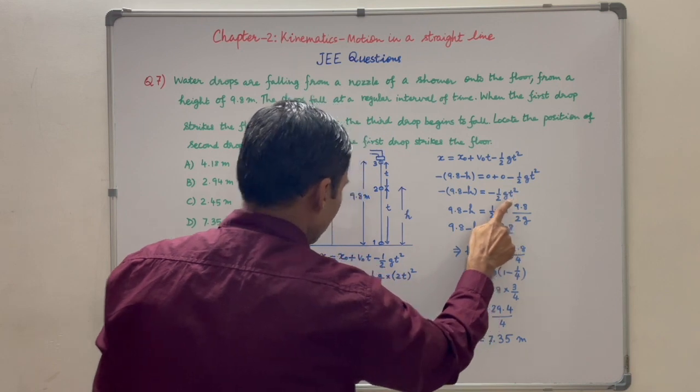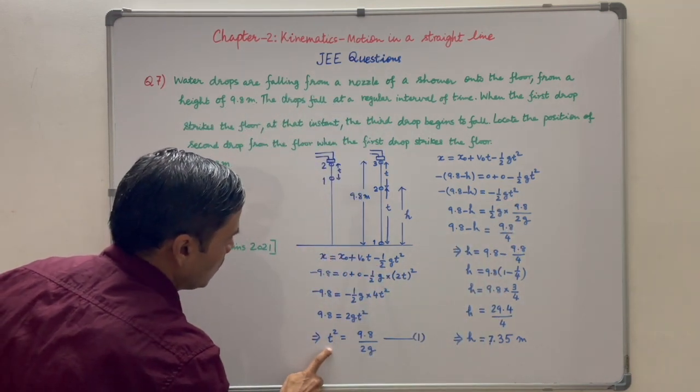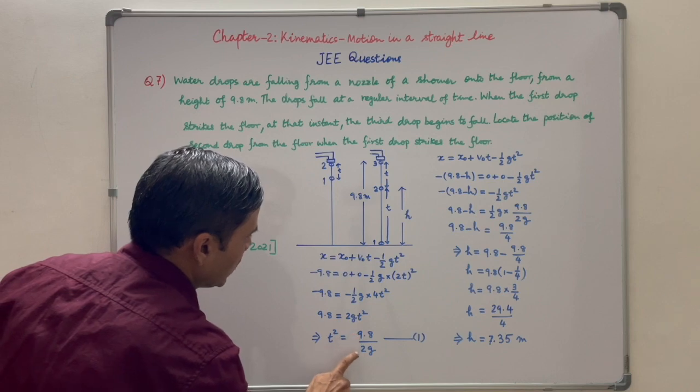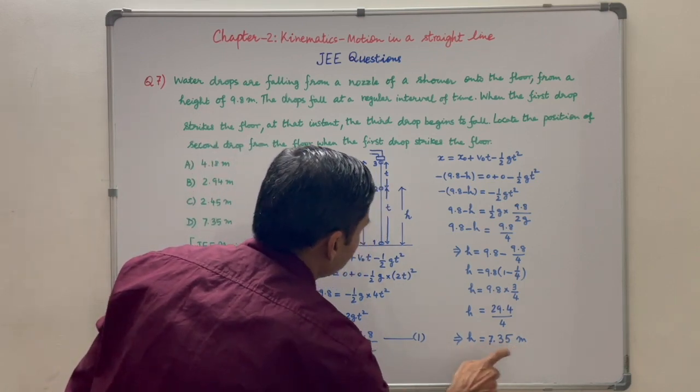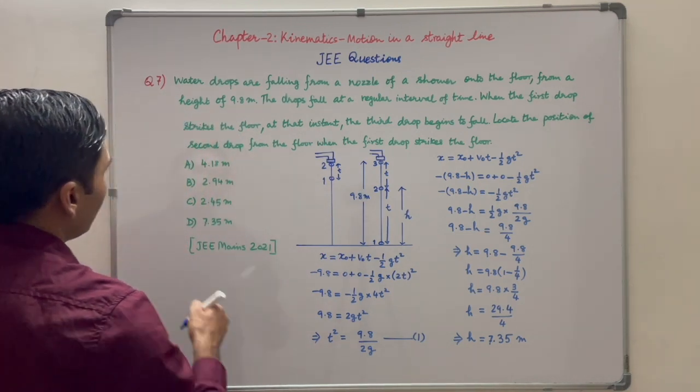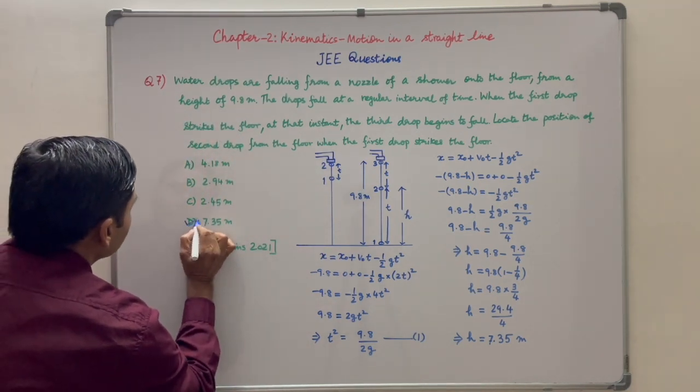Now value of t square can be substituted from equation 1. t square is equal to 9.8 upon 2g. So h comes out to be 7.35 meter. So the correct option is option D.